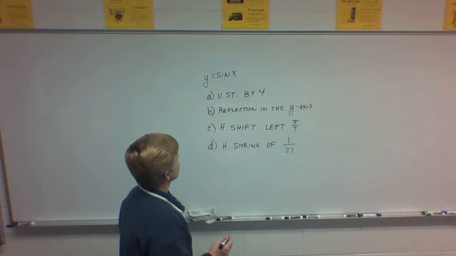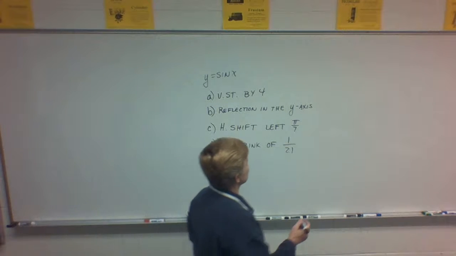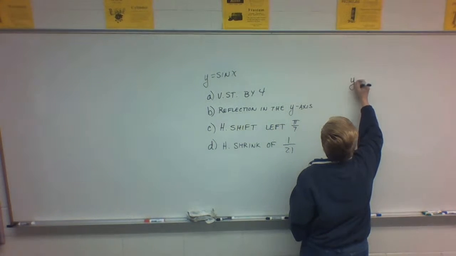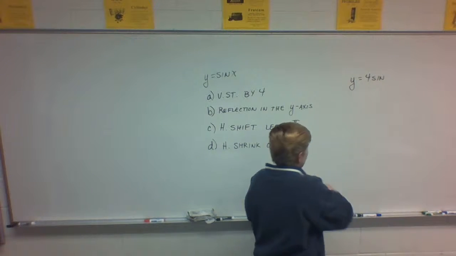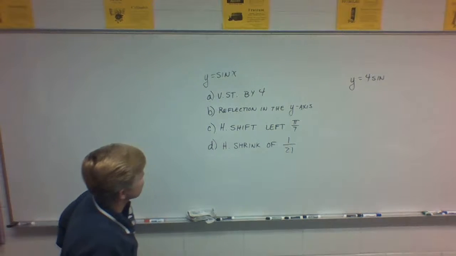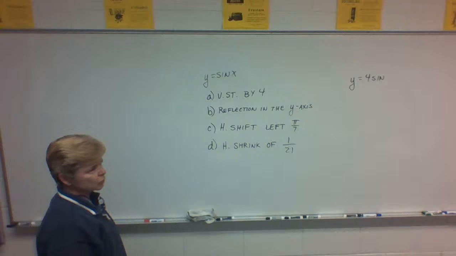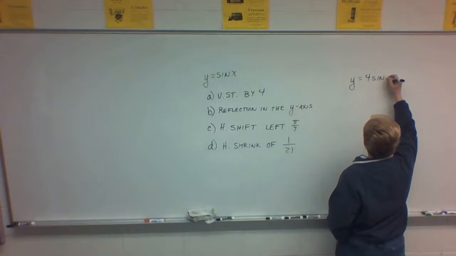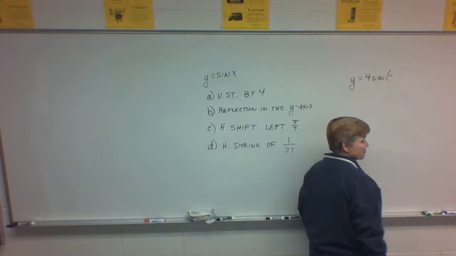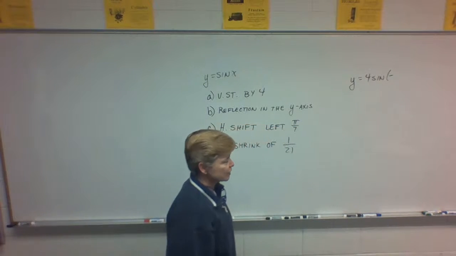We have to do these in order. Vertical stretch by a factor of 4 does what to it? Amplitude's 4. Reflection in the y-axis will do what? What happens in here will be negative there, right? It's going to reflect it over the y.